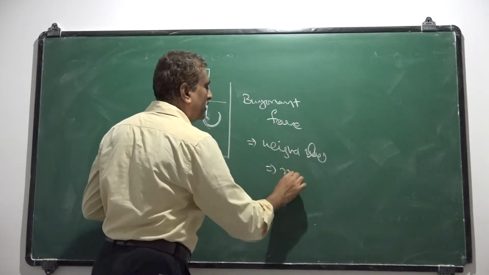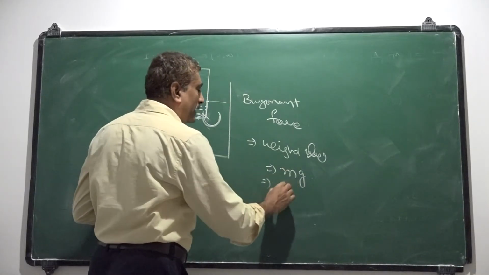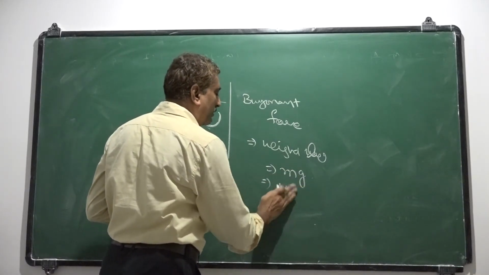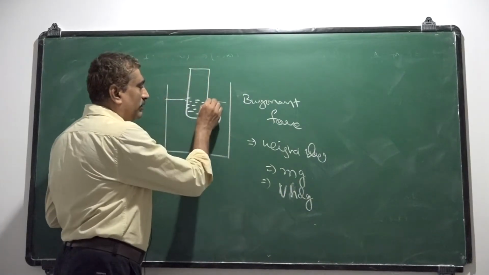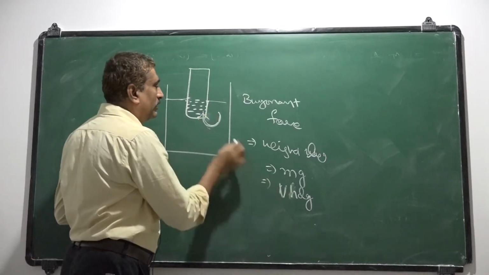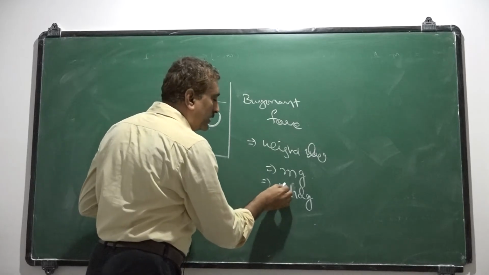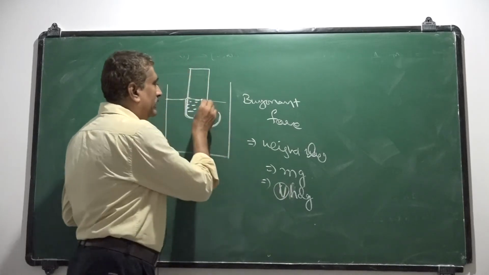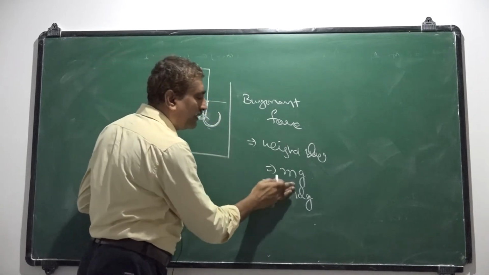Weight of the liquid means mass into g, that is volume into density into g, where h is the height of the solid immersed. The volume of the solid and the volume of the liquid displaced are the same, but the densities are different.